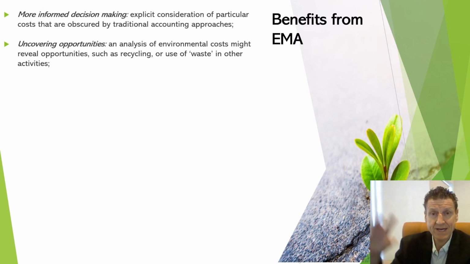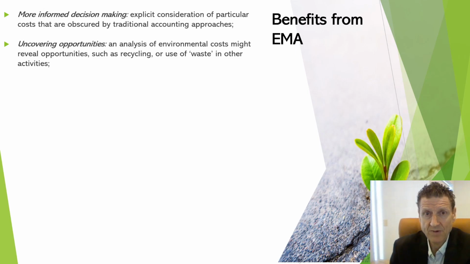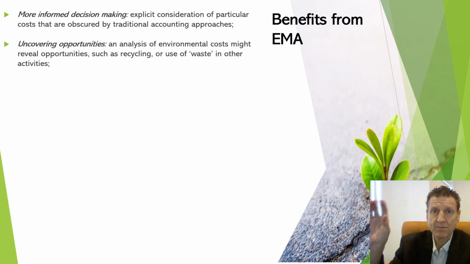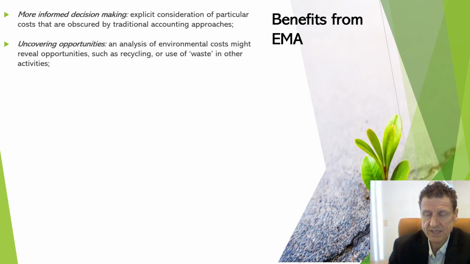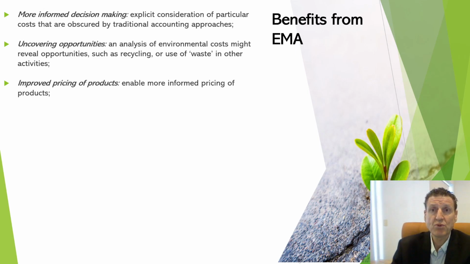We can break down different types of environmental costs into pollution, different types of waste, and different cleanup expenses. Improve pricing of products, because now through activity-based costing we have more informed cost allocation of products, so then we can better apply our general cost markup margins to those products.